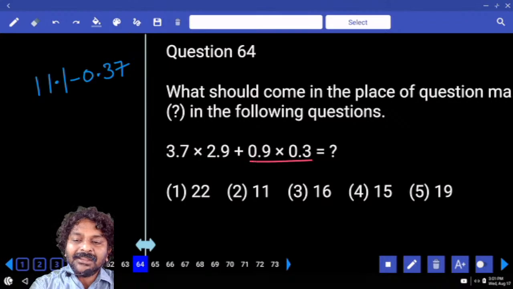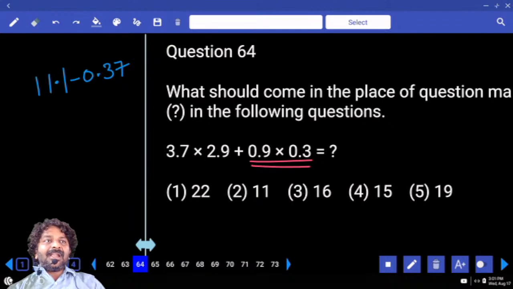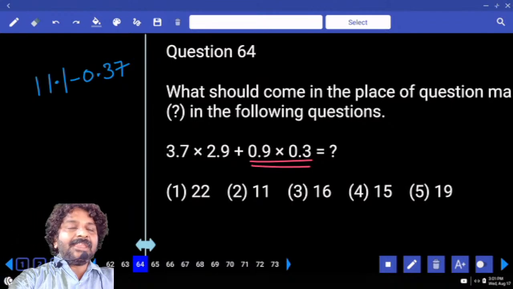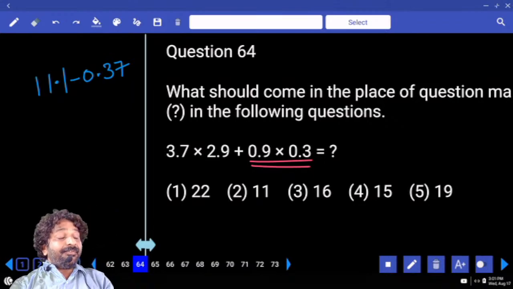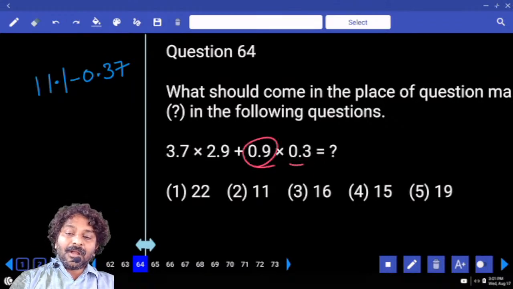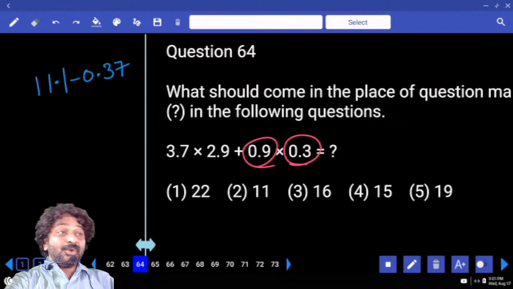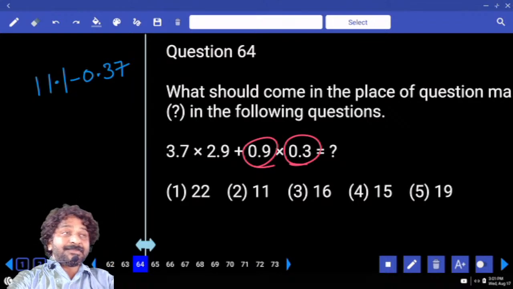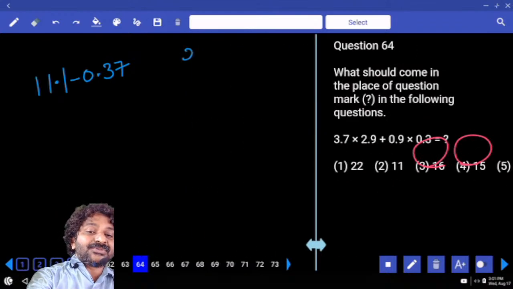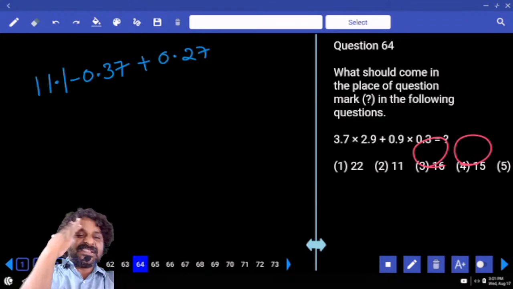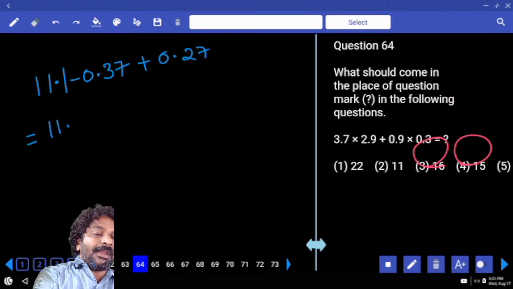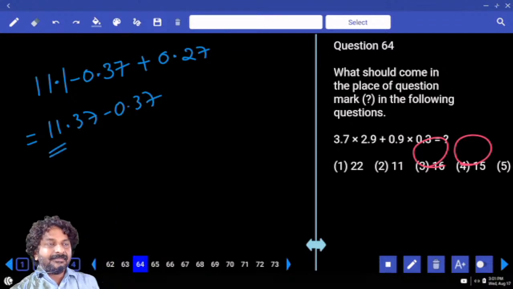To that we have to add this value. Right, now forget about the decimal and complete the multiplication. 9 into 3. And now if you consider the decimal, how many digits are there after the decimal in both? 2. So in our product also there must be 2 digits after the decimal. Our product is 27. As we are expecting 2 digits after the decimal, we now need to add this, correct? 11.37 minus 0.37, answer 11. 0.37 cancel.